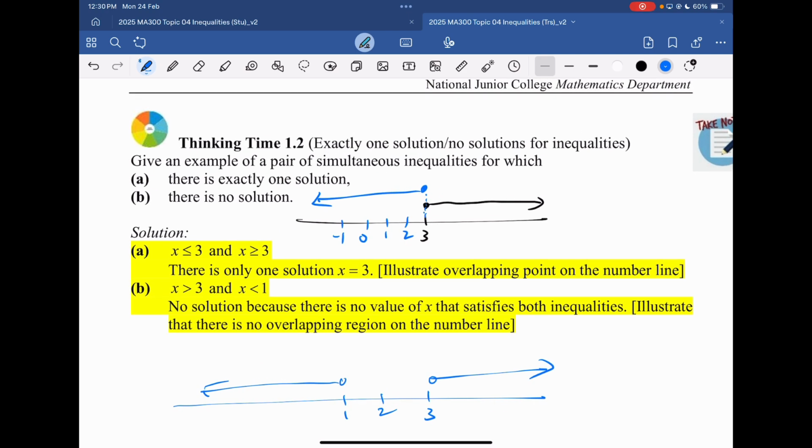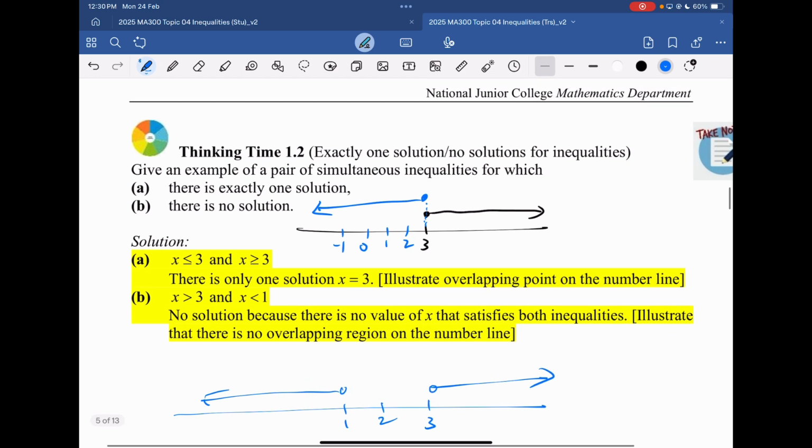Help me to copy this quickly before I go on. Jia Kai, help me to copy this quickly before I go on. Where am I now? 90% of the time you are not following me. 10% of the time you're sleeping.